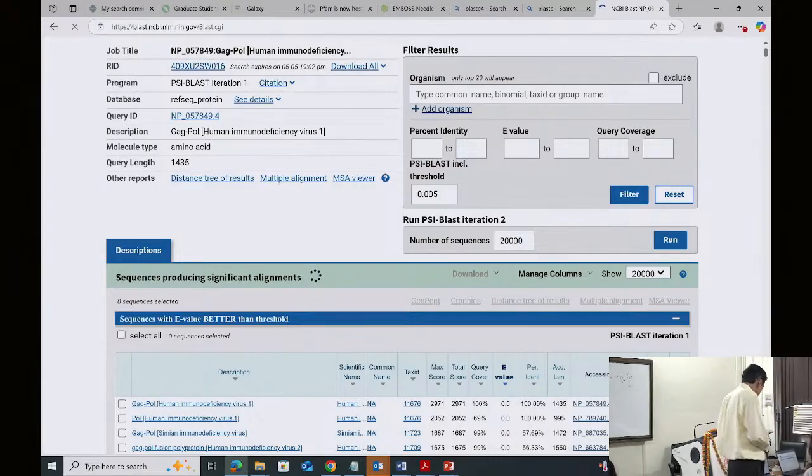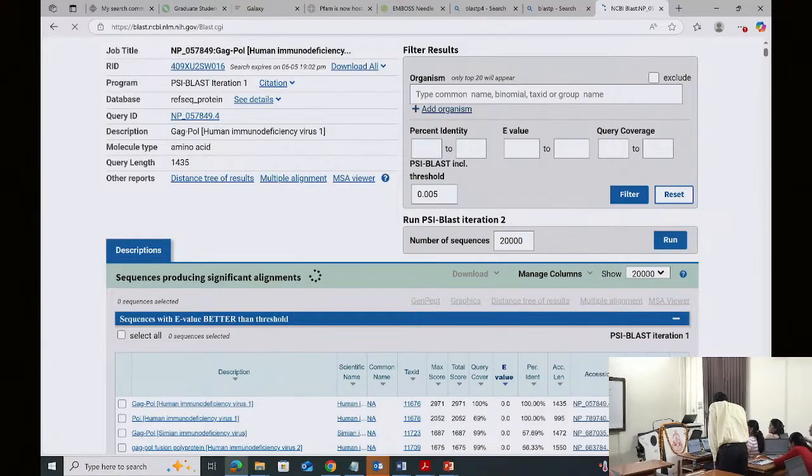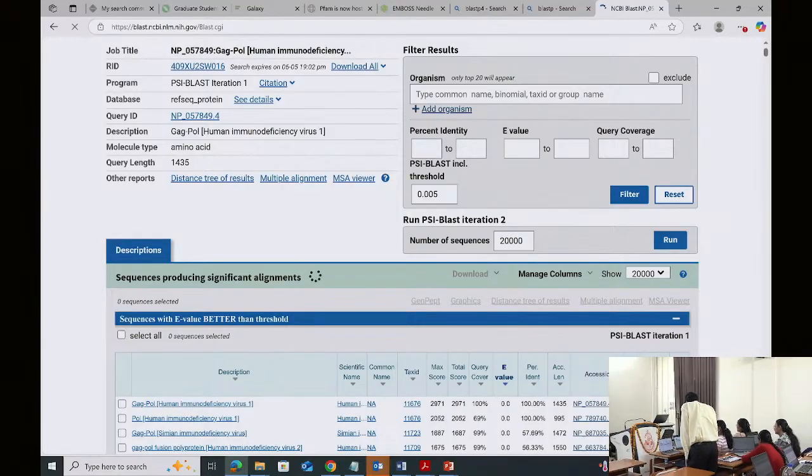Okay. So taxonomy report. Oh, still not. You got viruses now. Oh, okay, good.